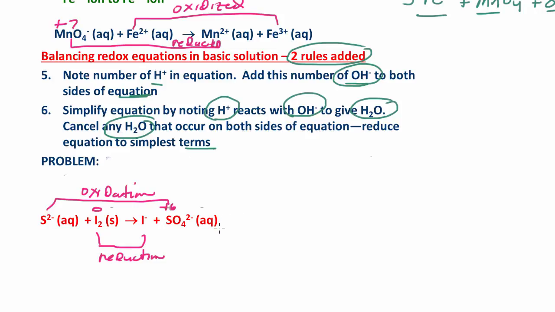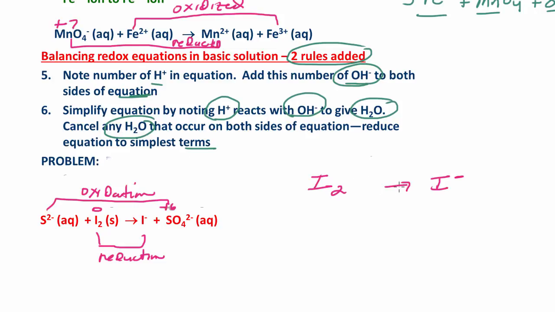So let's go ahead and write the 2 half reactions. I'll do this first one here, it's a little bit easier. So I have iodine, and that goes to iodide. And again, this is the reduction. We go from 0 to a -1.